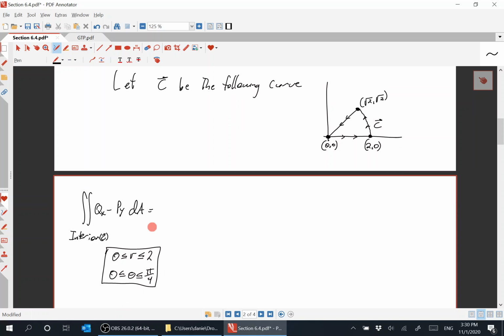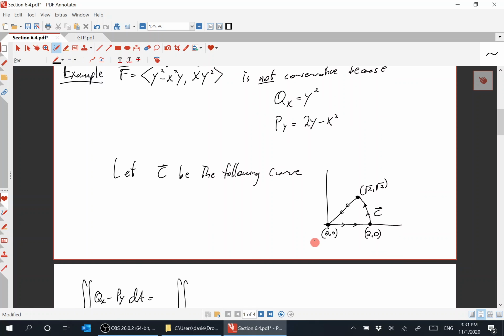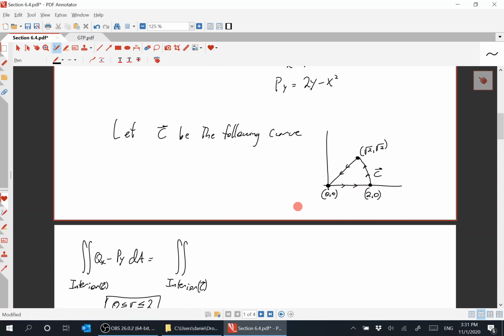So first let's figure out what this is in terms of x and y over the interior of C. Qx, which is y squared, minus Py. So this is the double integral over the interior of C of x squared plus y squared minus 2y dA.